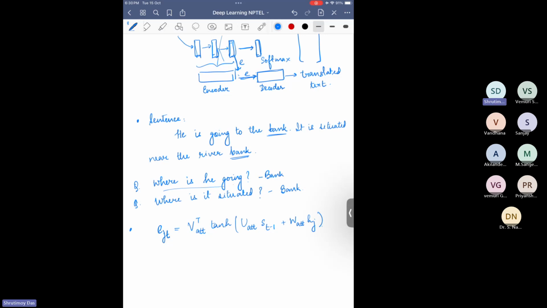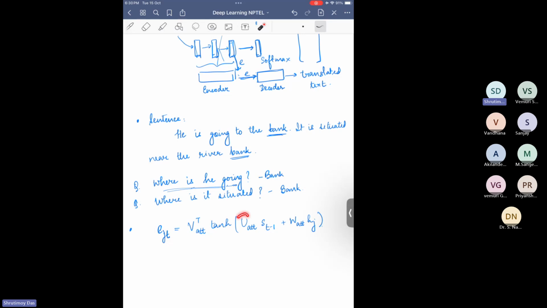Like you are looking at this bank. In this question, when it looks at this word going, the importance of this part will be high. The importance of these things will be small because those are not related. So it is given by this. Here we do a softmax of this term, and then we give some attention scores.